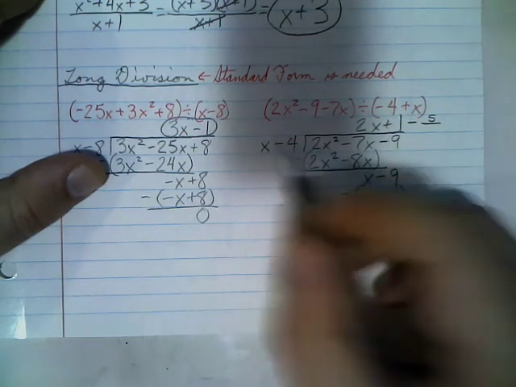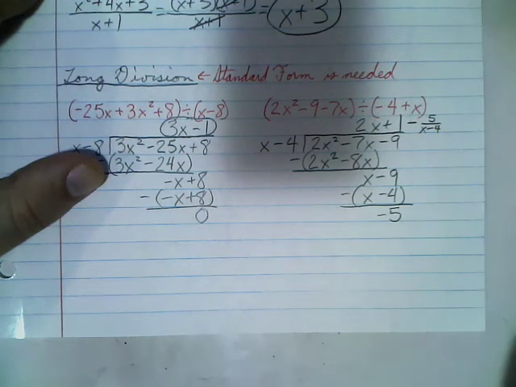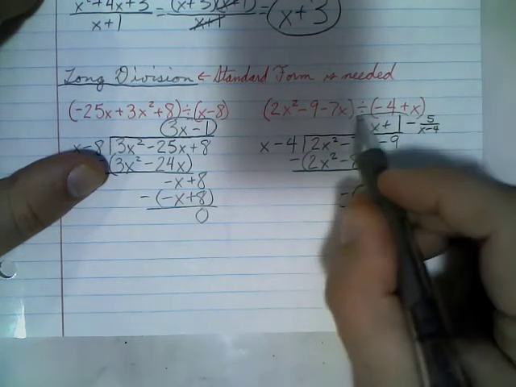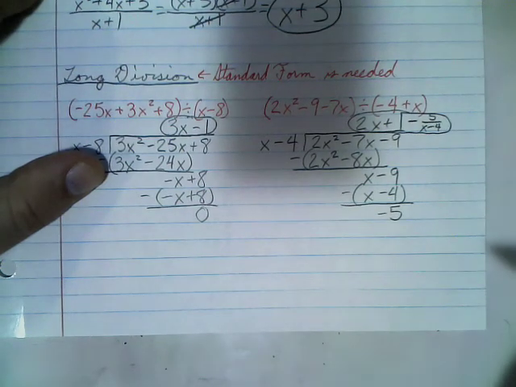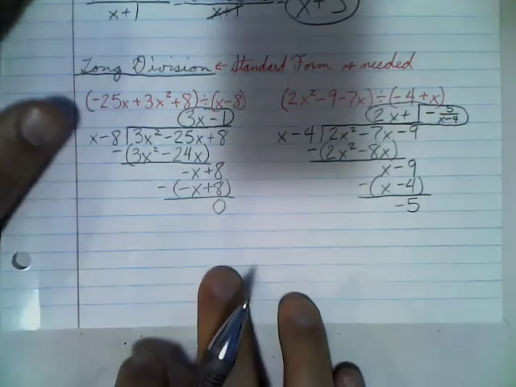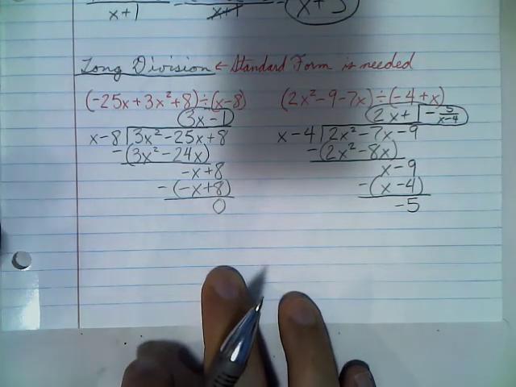The divisor is the denominator. And so this is my answer: 2x plus 1 minus 5 over the quantity x minus 4. So that's what we do if we end up with a remainder.